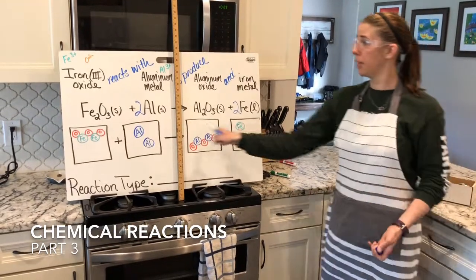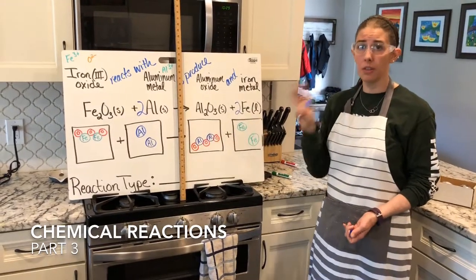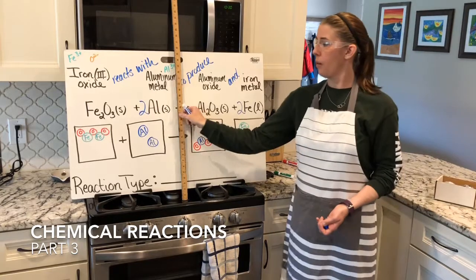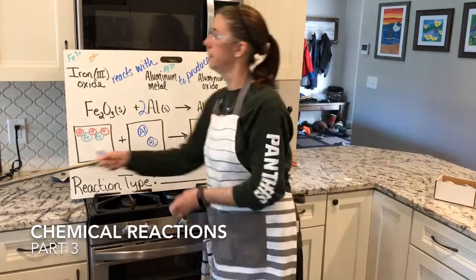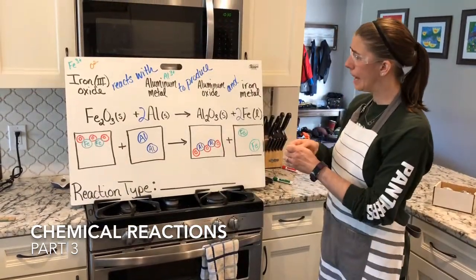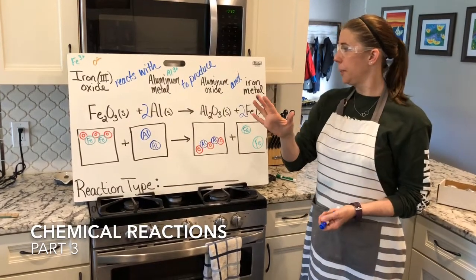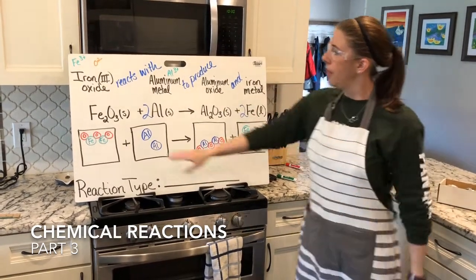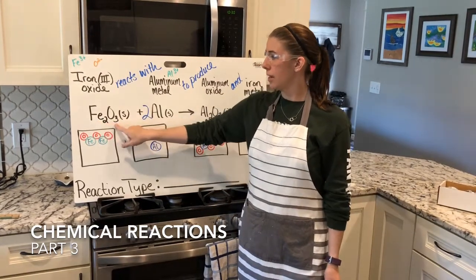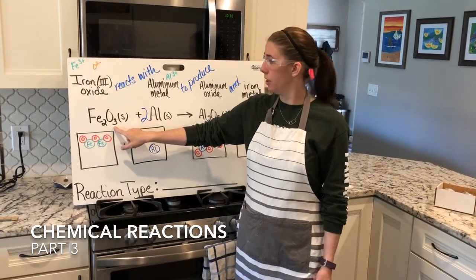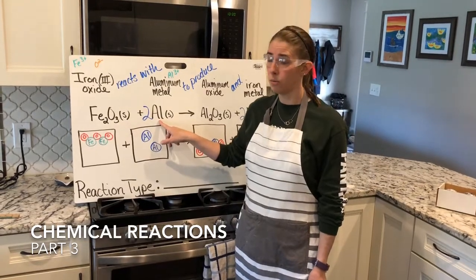All right, so we've got our picture drawn, we balanced our equation. The third thing we need to do is identify what reaction type this is. And as I flip this over and I look at the 5 different types, I want you to think about here that iron and oxygen are together. They're bonded together. Aluminum's all alone.